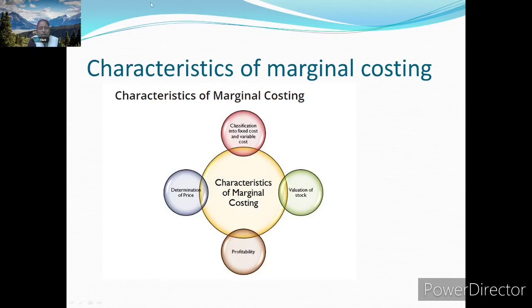Now let us see the important characteristics of marginal costing. We can understand marginal costing in detail.